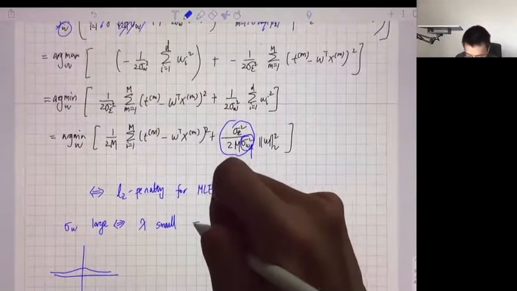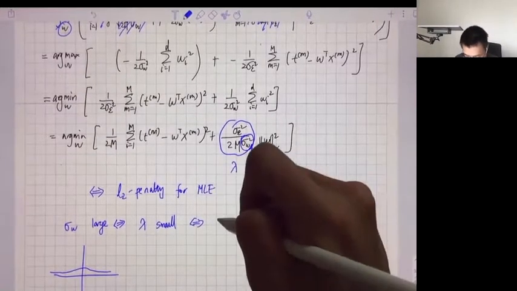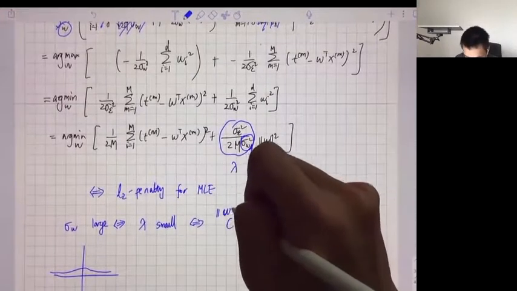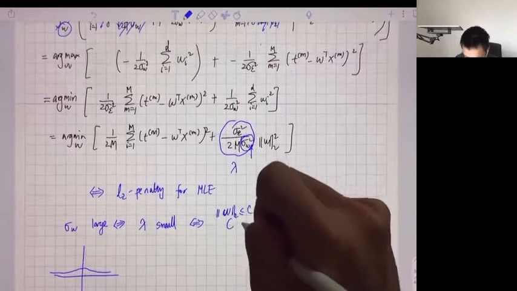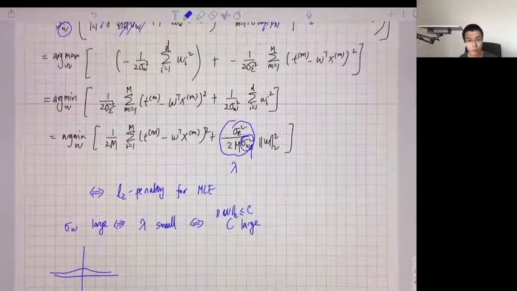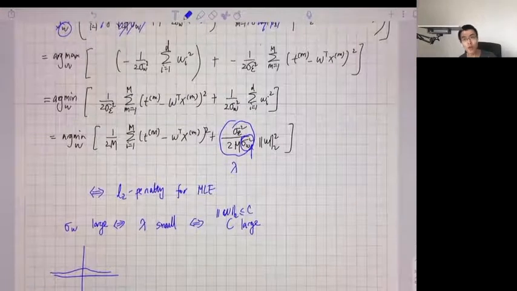Then the C is large. You remember the soft penalty is equivalent to the hard constraint C, okay? Then the C is large, right? Because your lambda is small, you have no penalty, then your feasible set is larger and the C is large.